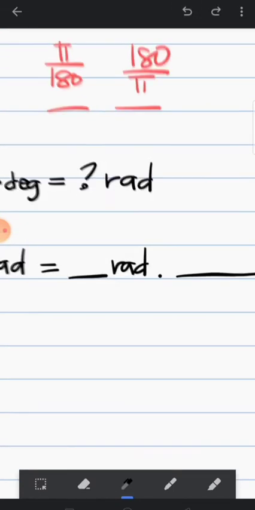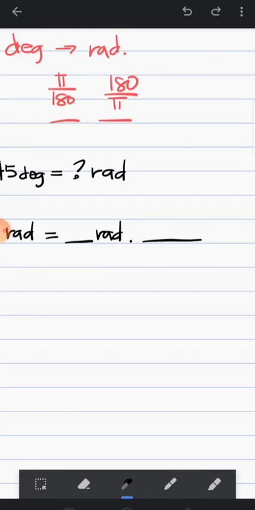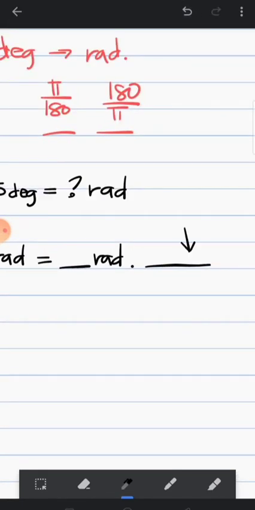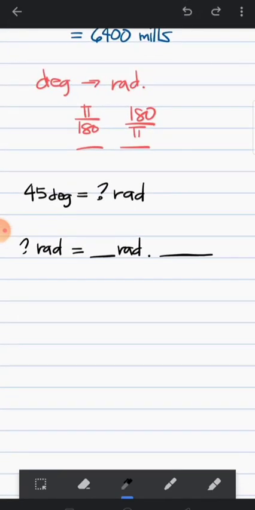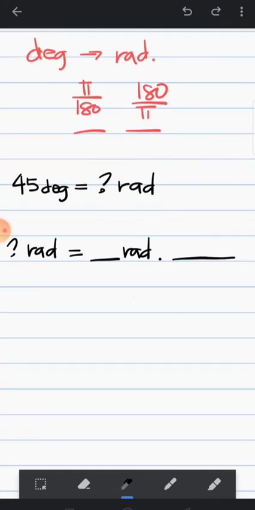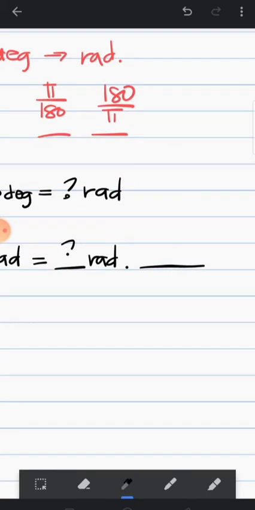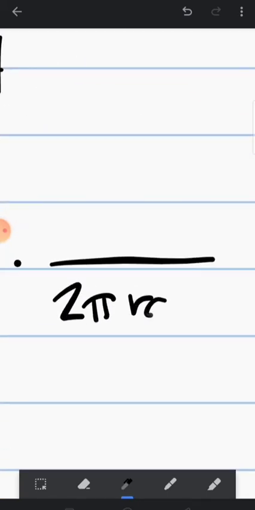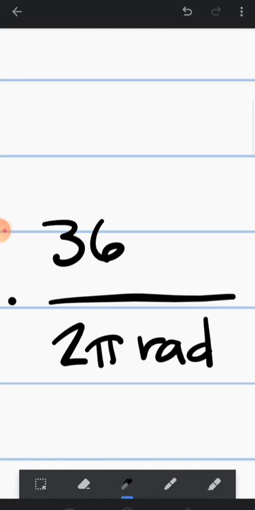Because if you manage to cancel out the radians and are left with the unit degrees, which is what we want, then you're done with the problem. So unknown radians is equal to how many will I multiply? So we know that 2 pi radians is equal to 360 degrees.